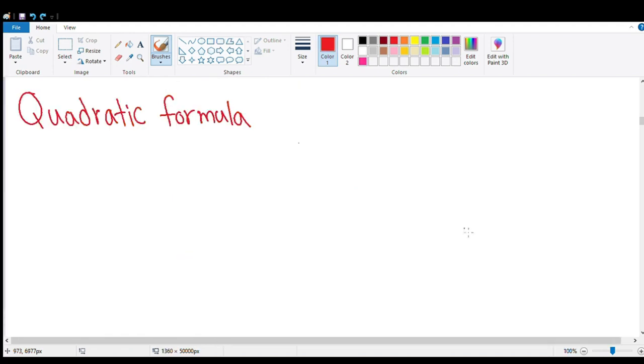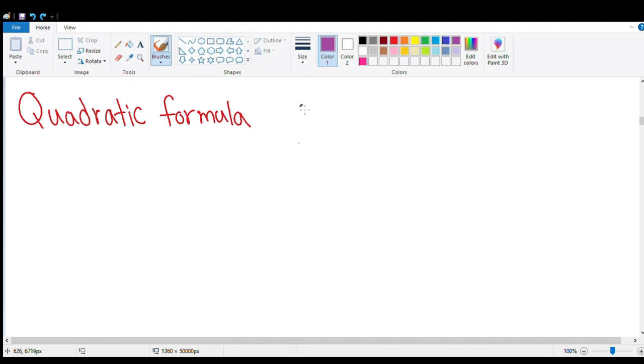So guys, now we're going to be doing the third method of solving quadratic equations, which is the quadratic formula. So we're going to be deriving this formula, and the two things we need are knowing how to do the completing the square method and the standard form of a quadratic equation. So I'm just about to write down the formula right here.